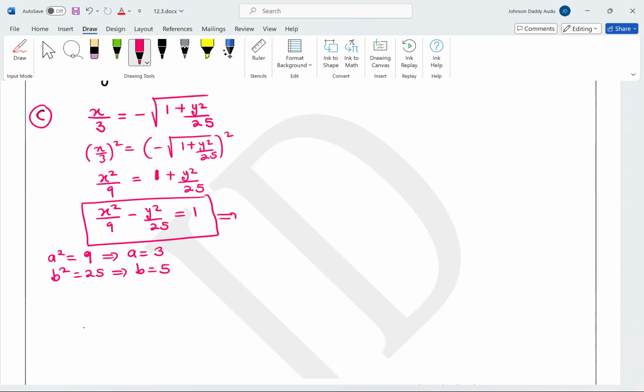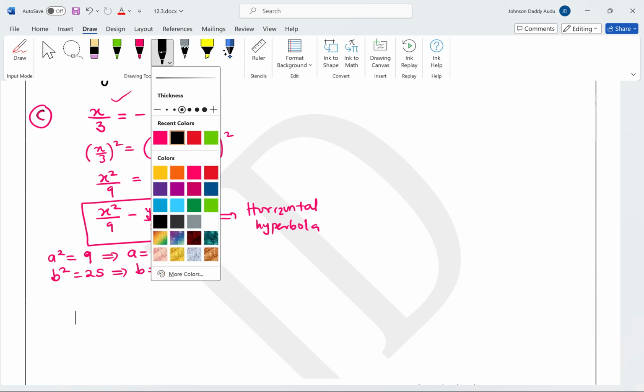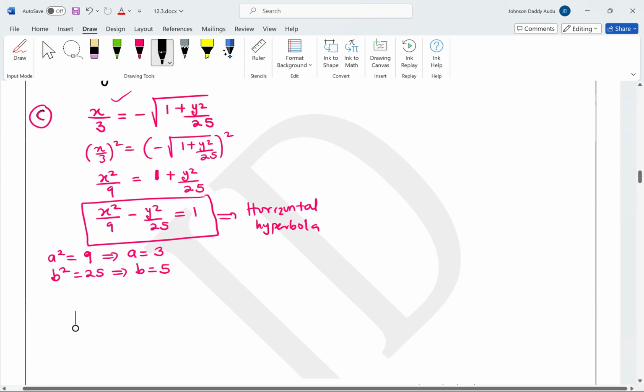You can see this is going to be a horizontal hyperbola, because the positive is associated with x. Now, this is the full hyperbola, but what we're asked to sketch is not the full. We're interested in this one, right? So you can go ahead and sketch the full first, then we take the part that we need.